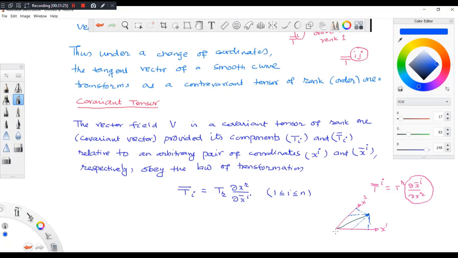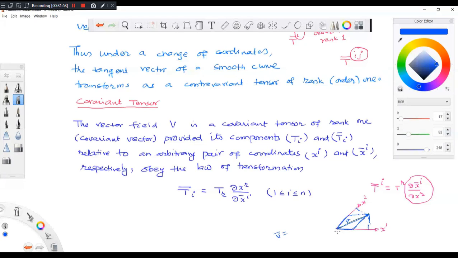Okay, suppose I consider this vector, then I can consider this projection, this is a parallel projection, and this projection. Okay, so this vector I can transform to this vector. According to parallelogram law, I will get this vector, which I may call V bar. So what is this vector V bar?